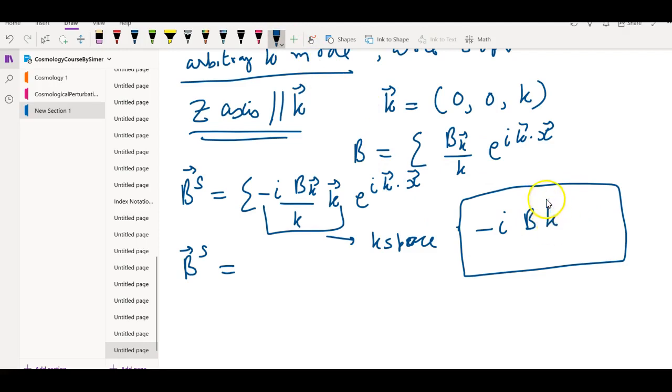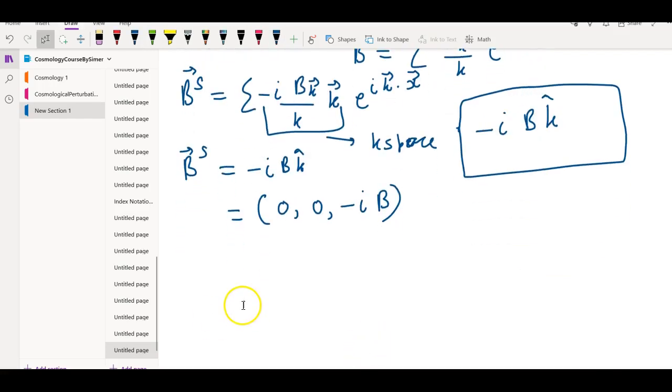So vector Bs in k space is equal to minus i B k, and because k is aligned with the z-axis, it has x component 0, y component 0, and z component is minus iB. Okay, so we got Bs.